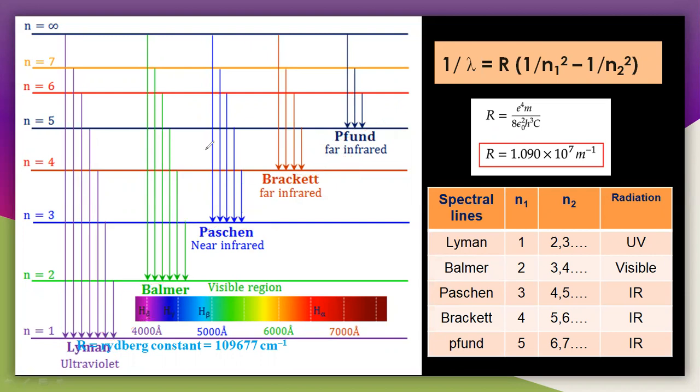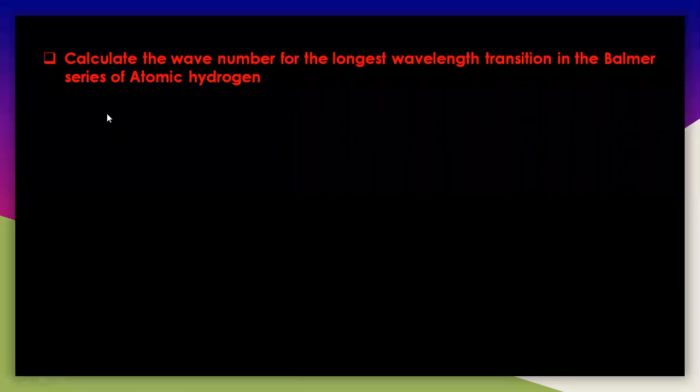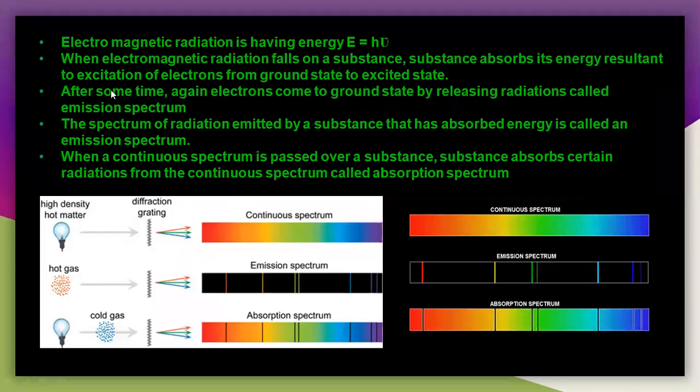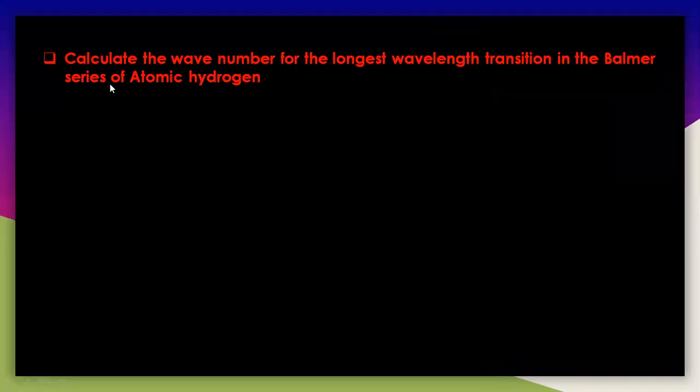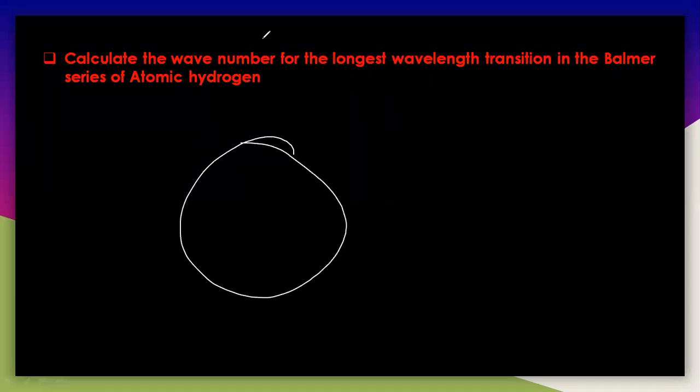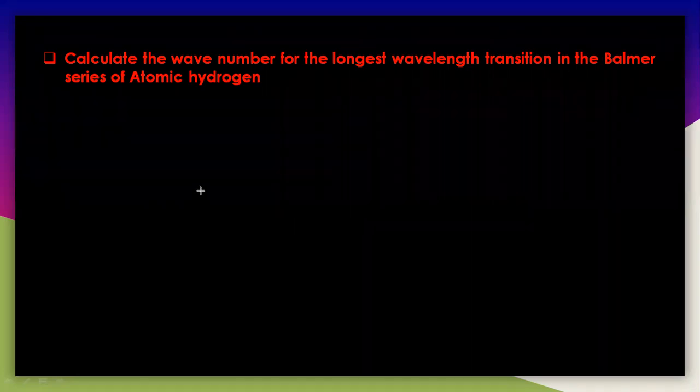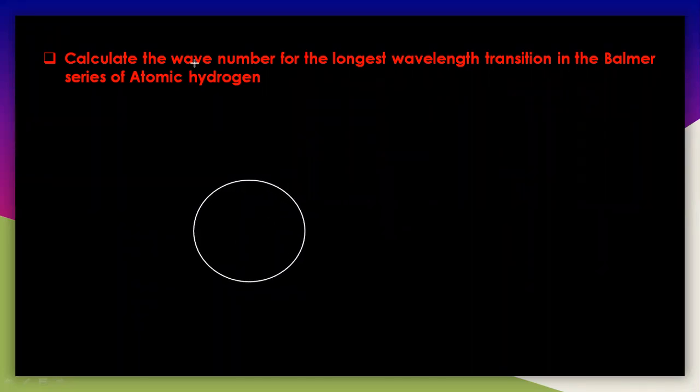Very simple. Whenever there is atomic spectra, I will tell you an example. Let us understand here. Let us take first an atom. One minute, I will draw the exact atom. Like this is an atom. Let us say this is the nucleus, and there are electrons.